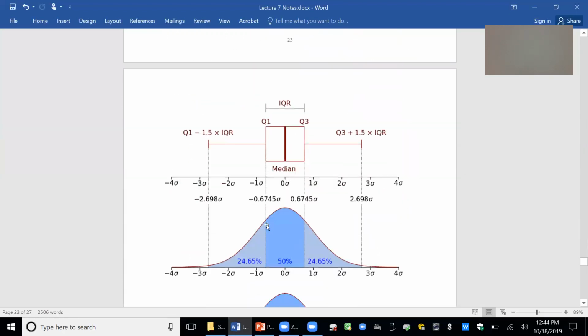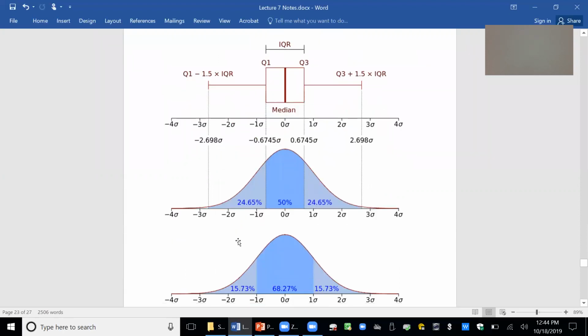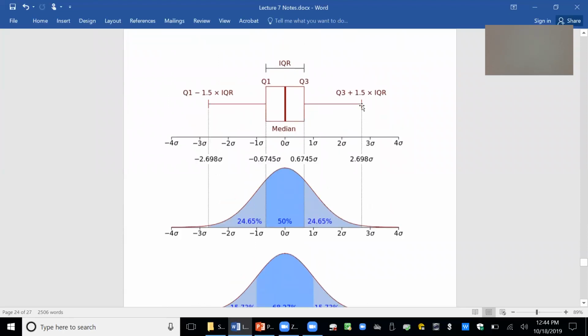All right. And then I relate this idea of the box plot and these whiskers as if it were a normal distribution. Our data in this case is not normally distributed, but if it were, then we would be talking about almost 3 standard deviations to the left and the right to get to these exceptional people.